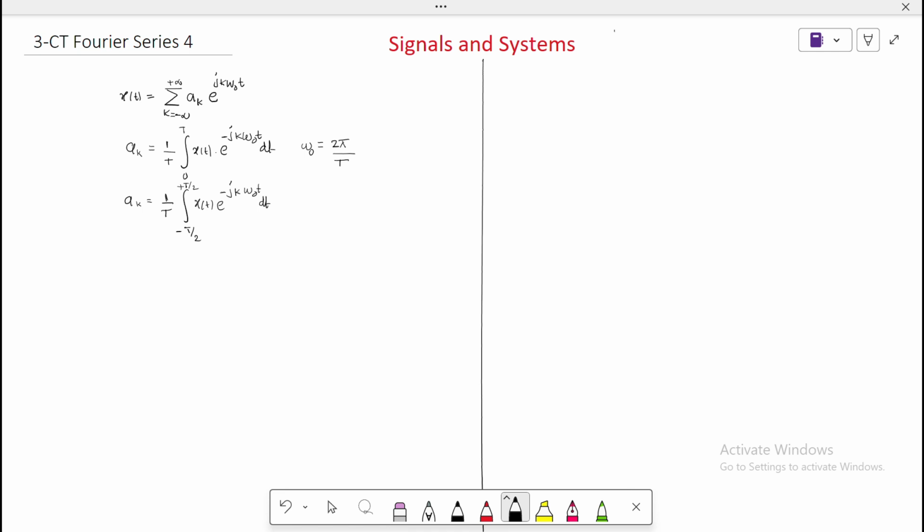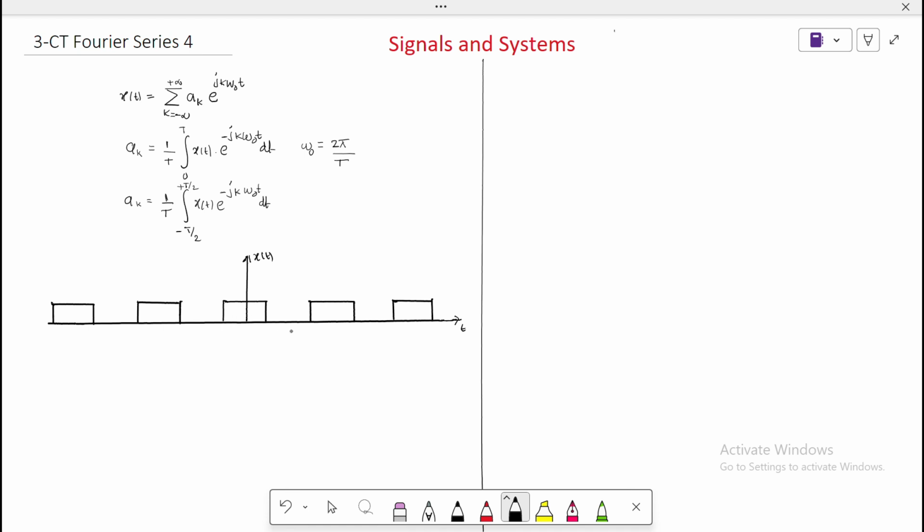We will do another problem. Here x of t is a periodic signal, and this rectangular pulse repeats every time period.